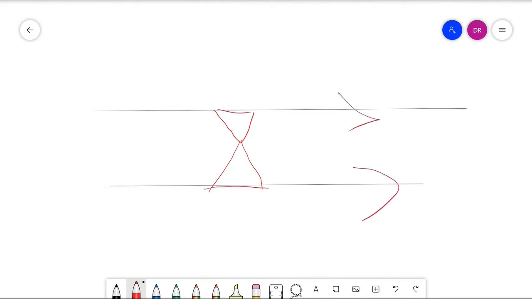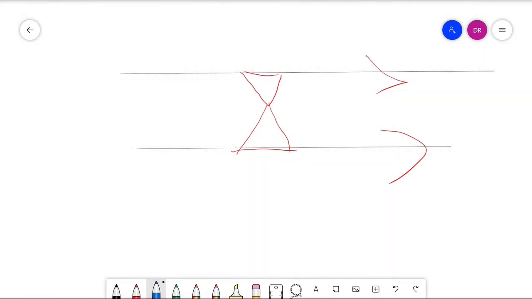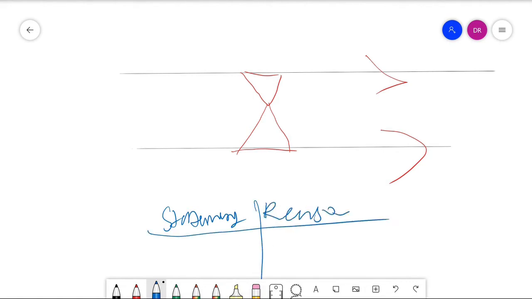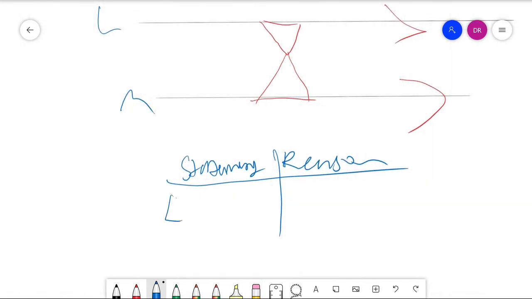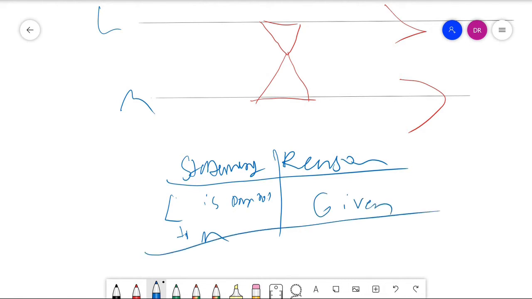So let's do a statement reason table. You have the statement here, and then you have the reasoning on the left. So let's say that these lines are L and M. The first statement would be that L is parallel to M, the reasoning being it is given that they are parallel.